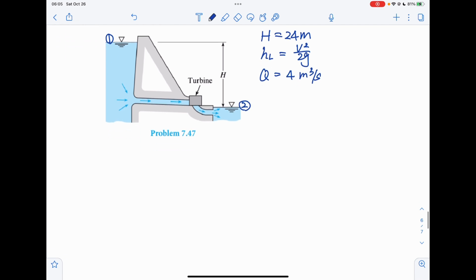So P1 over gamma plus V1 squared over 2g plus Z1. And this is a turbine, so the head for the turbine is going to be on the right of the equation.